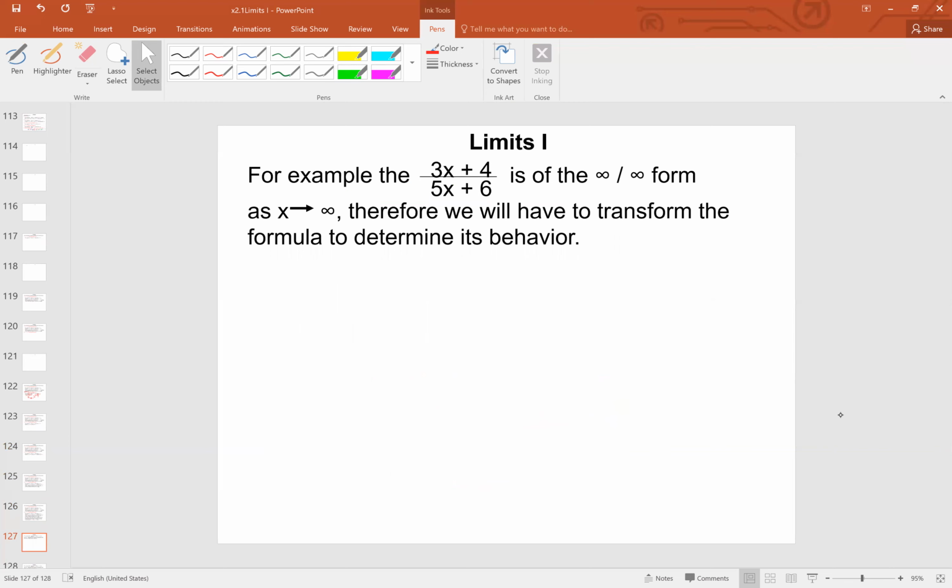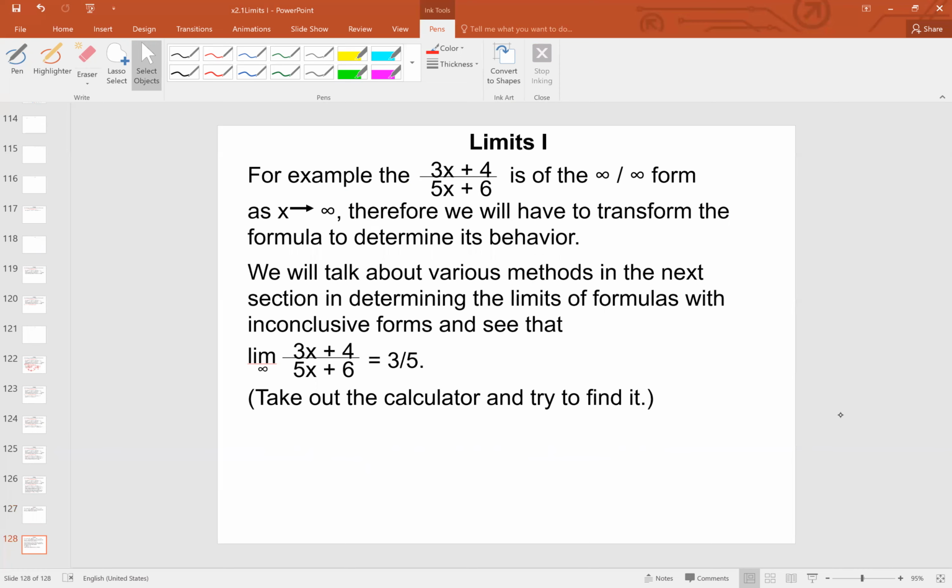For example, if x goes to infinity, what's the limit of the formula 3x plus 4 divided by 5x plus 6? Well, if I plug in, I get infinity divided by infinity, so I couldn't tell. We'll have to do something else, and in this case the limit will be 3/5.